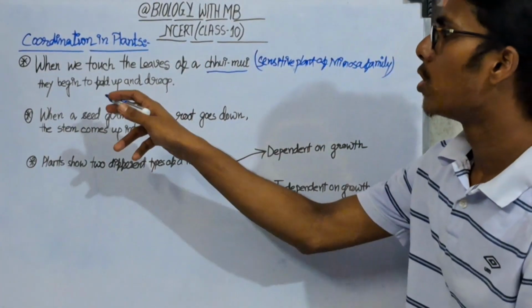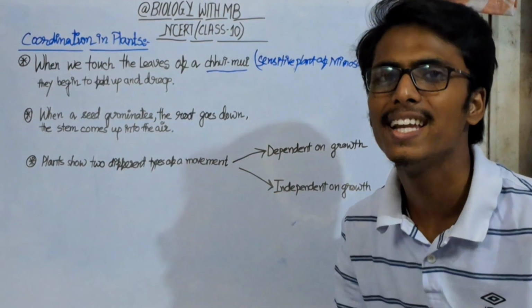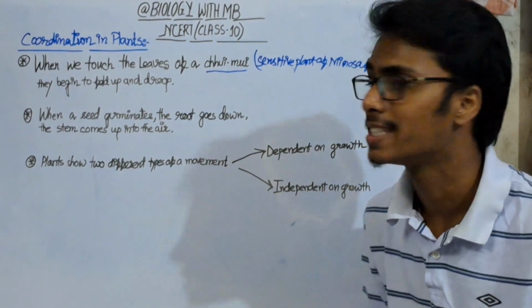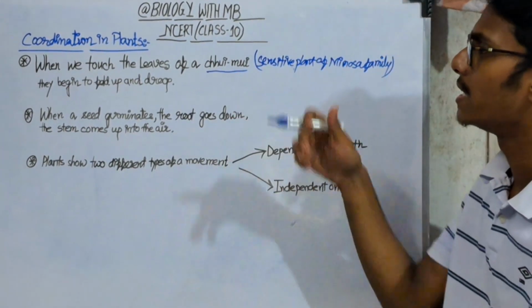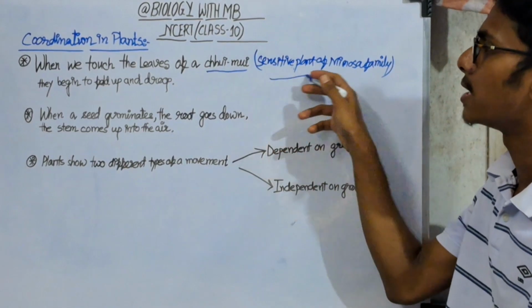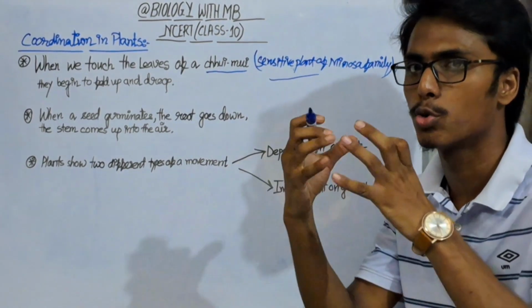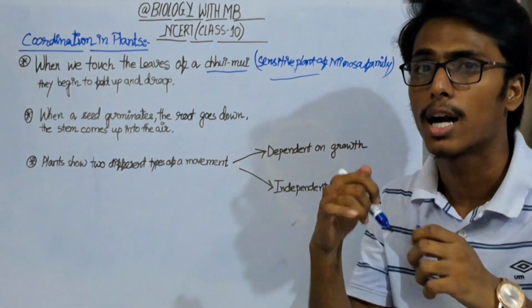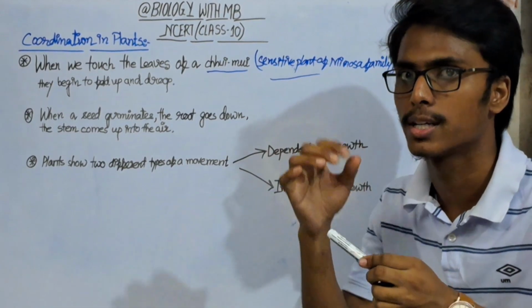They begin to fold up and droop when any kind of stimulus is given to this sensitive plant. They are too sensitive to it.